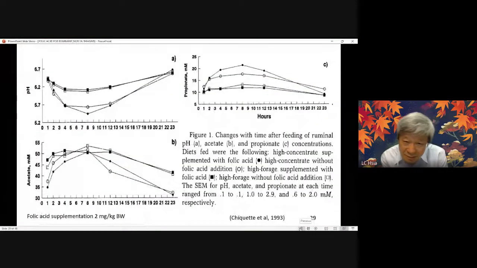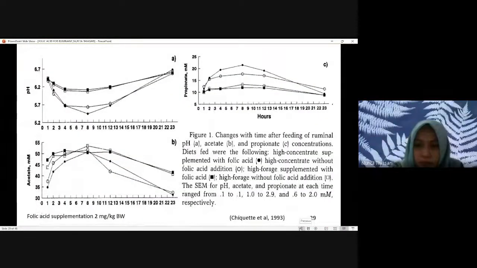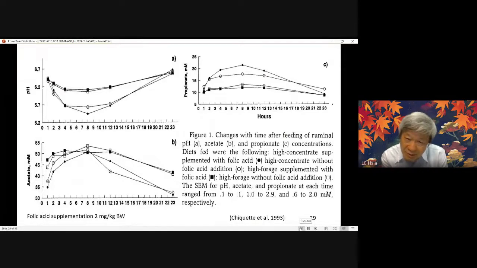Yes, this one. If the cellulolytic bacteria are influenced by the folic acid, then our explanation here is wrong. We said before that in the concentrate situation, the folic acid plays a more important role.